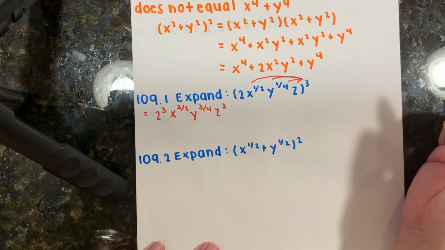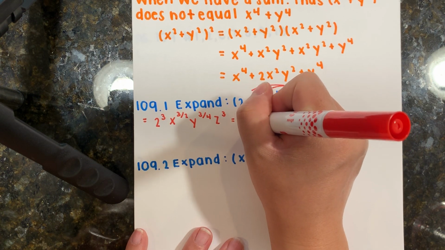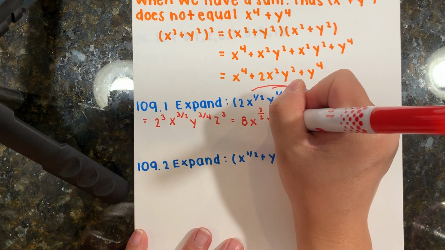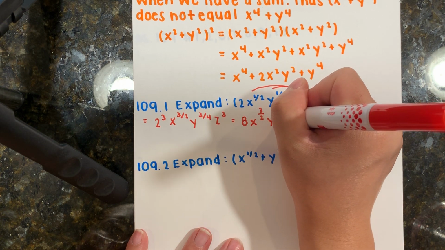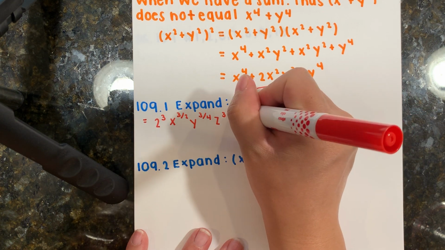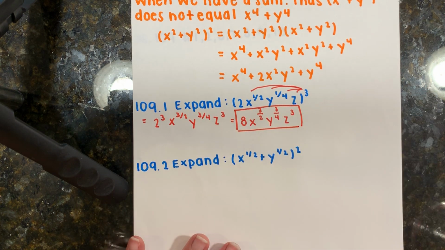And then your result will just be whatever 2 to the third is, which is 8. And then x to the 3 over 2, y to the 3 over 4, and then z to the third. And that would be your result for that one.